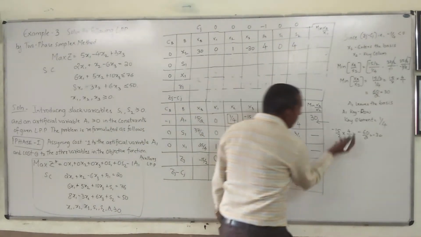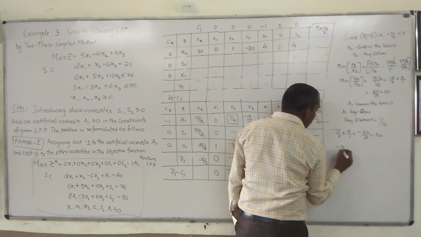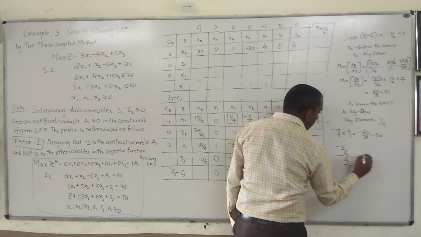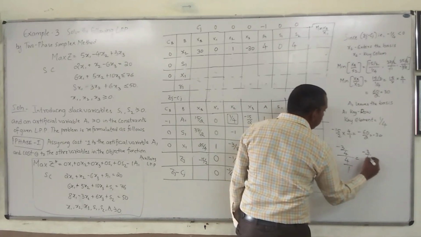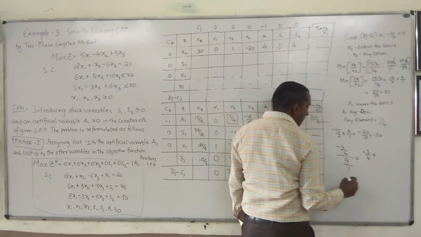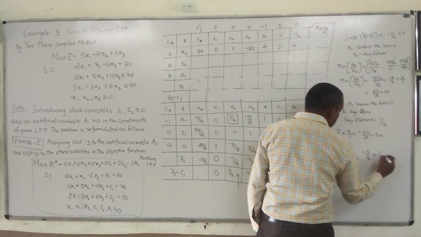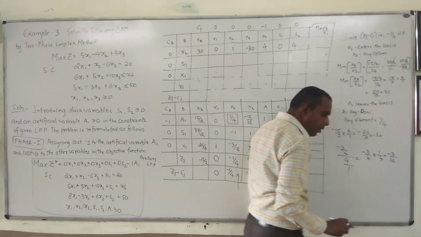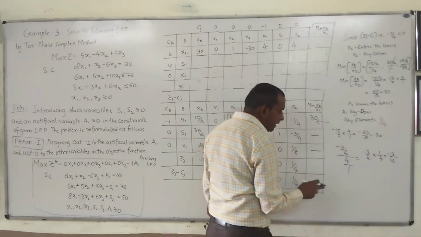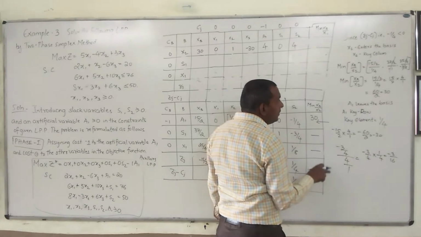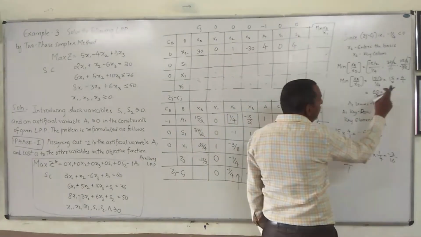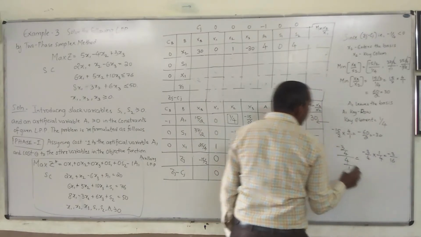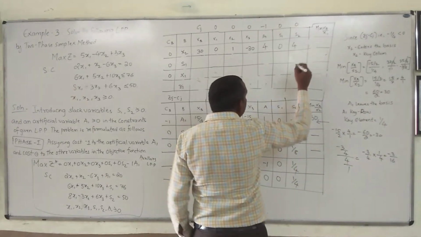Fine. So the next one is minus 3/4 divided by 4. I will write it like minus 3/4 into 1/4, that is minus 3/16. Is it correct? Let me check this one. Fine. It is minus 3/16, I think.